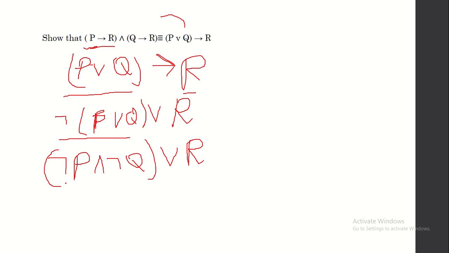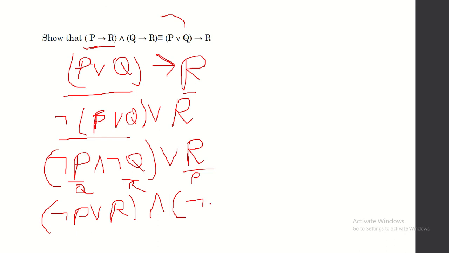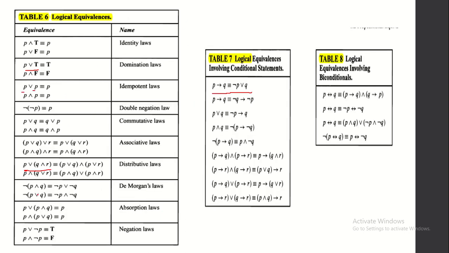So in this case this is our P, and let's assume this is Q, this is R. So we can write it as (not P or R) and (not Q or R), right? How did we write it? We wrote it using this distributive law.